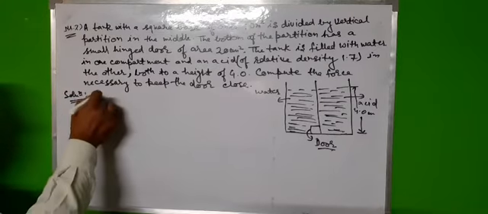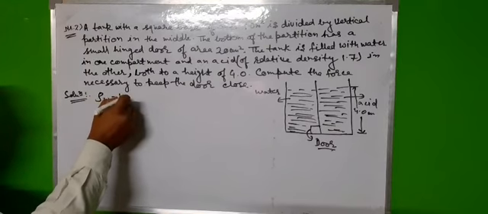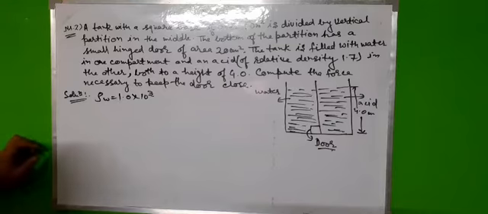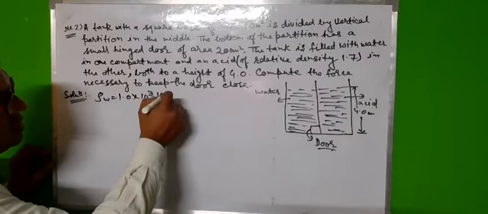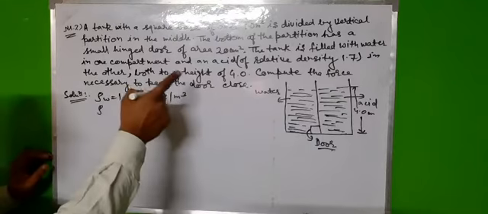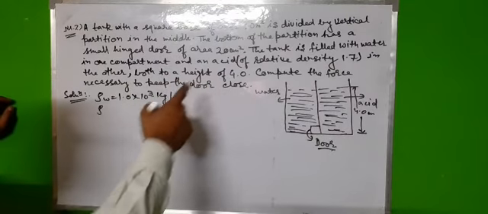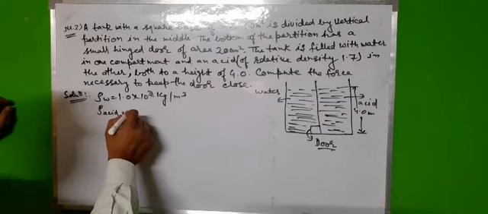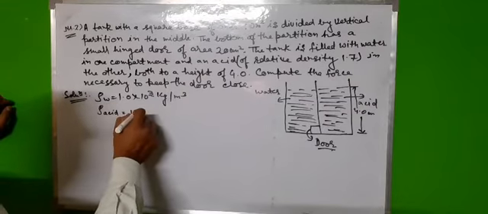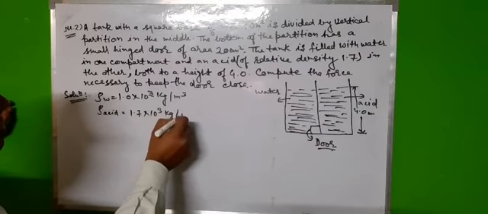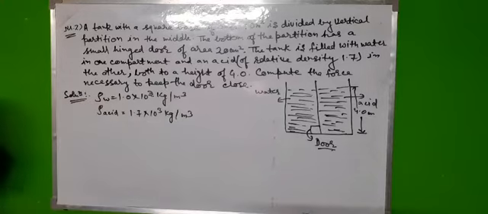So density of water you are knowing, 1 into 10 to the power 3 kg per meter cube, and density of acid is given, and it is equal to 1.7 into 10 to the power 3 kg per meter cube. Relative density is given.